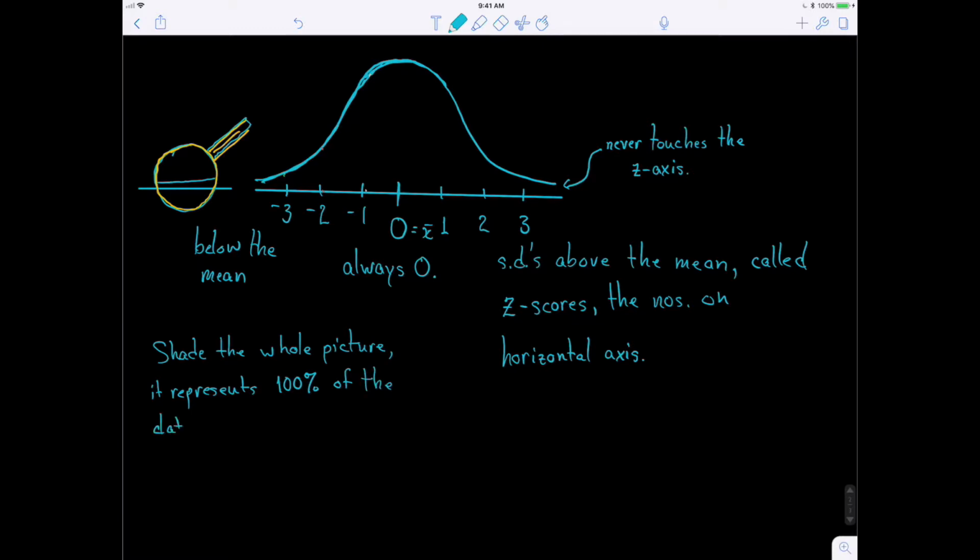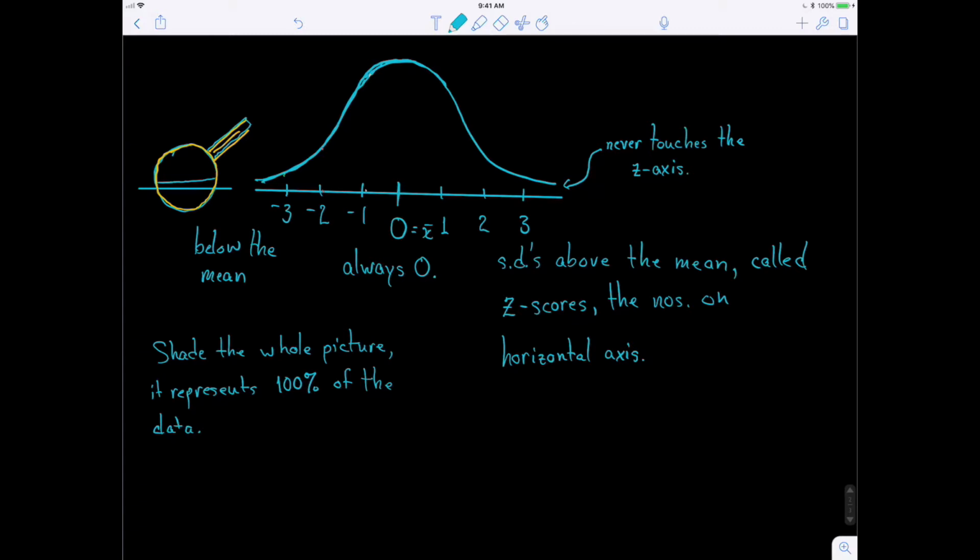To prove this is a rather challenging calculus problem, and we don't need to do that, but we do want to get the idea that even though it goes on forever, it is so small that at some point it doesn't actually add any value at all. And so you really can just shade 100% of the picture.